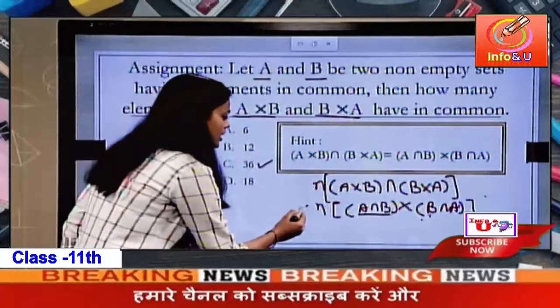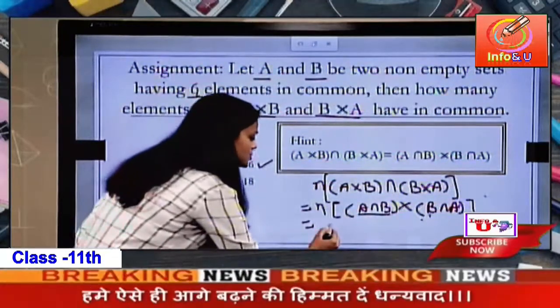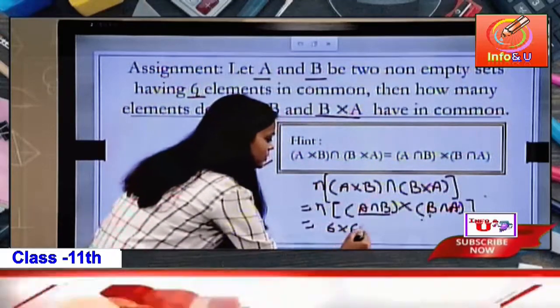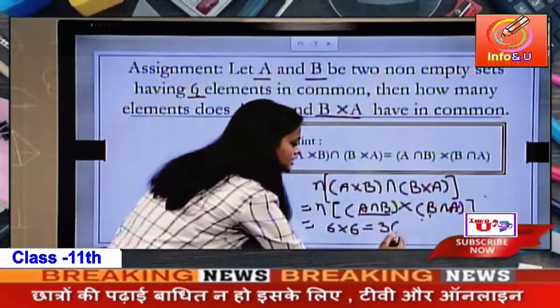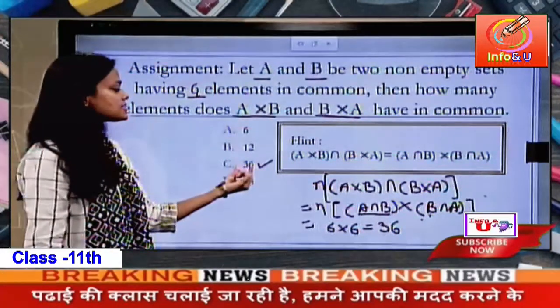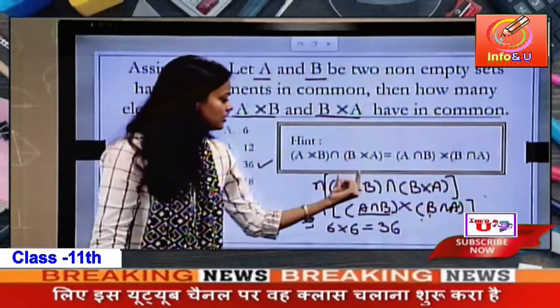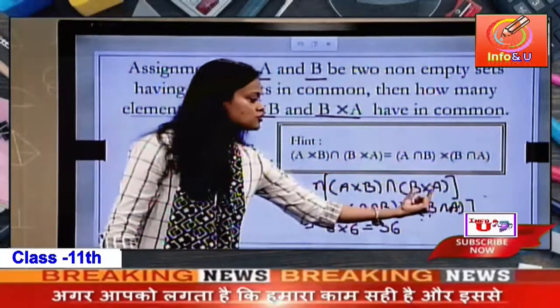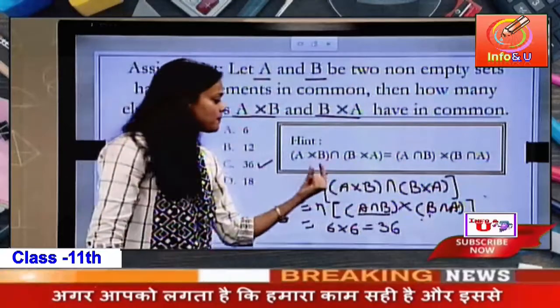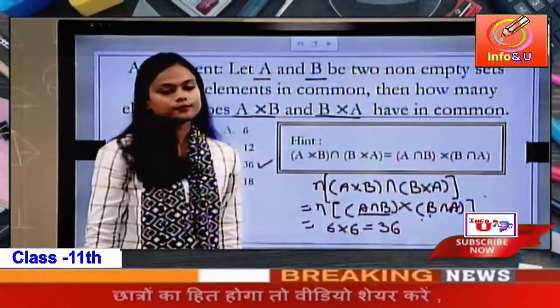So, the number of elements in this becomes 6 into 6, which is equal to 36. This is how we are getting this answer. 36 elements are common in these two Cartesian products when we product A with B and B with A.